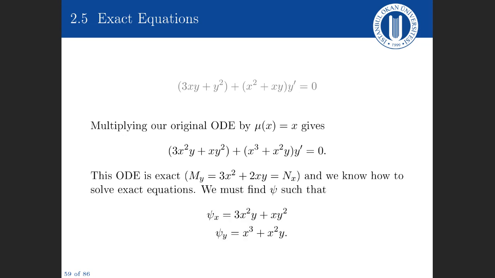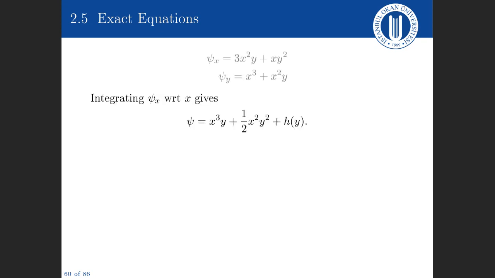We need to find a function ψ such that ψ_x is M, 3x²y + xy², that's the new M, and ψ_y is x³ + x²y, the new N. Choose one of these equations, it doesn't matter which one. I'm going to choose the first one again.